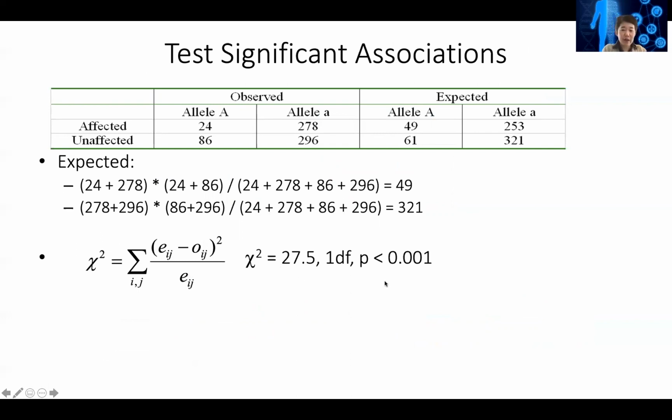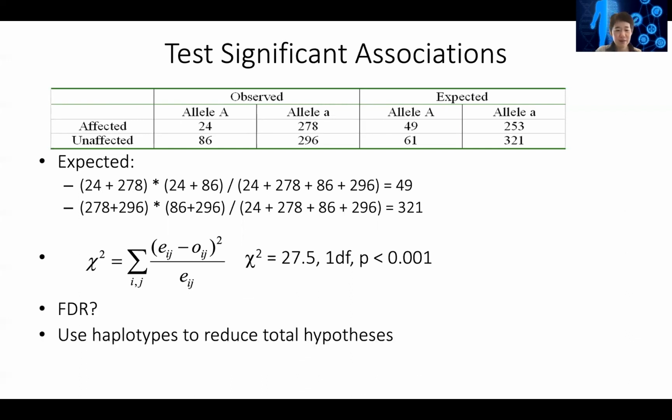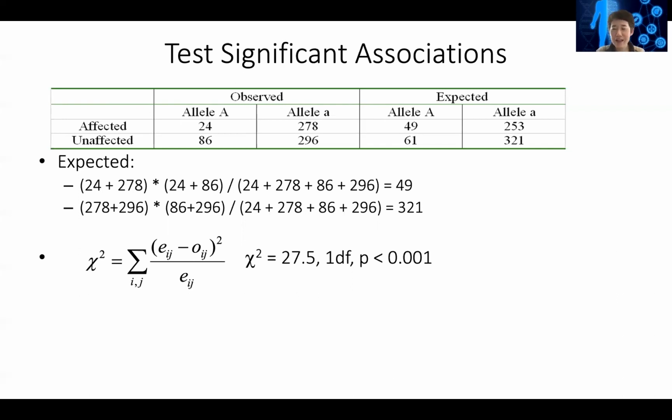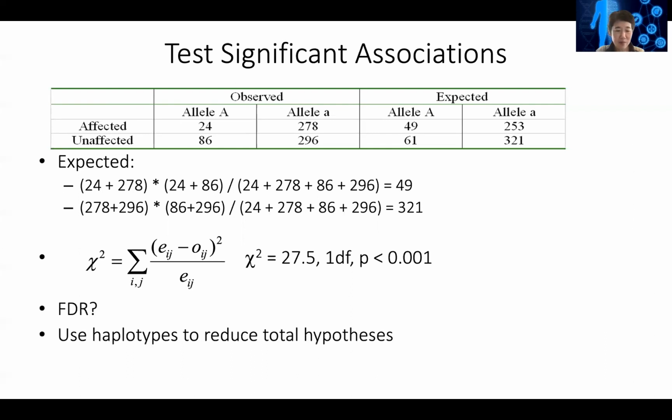And for this, let me ask you guys, we'll get a p-value. Do we need to worry about multiple hypothesis testing for testing the SNPs? You do, because you have to do this chi-square test across every SNP in the genome.